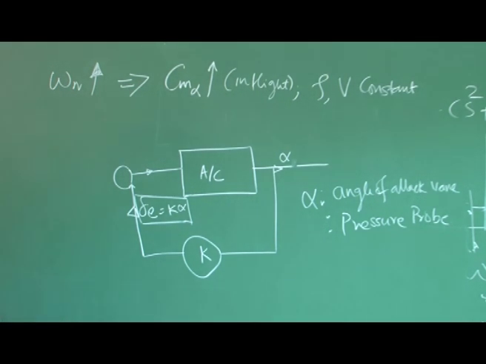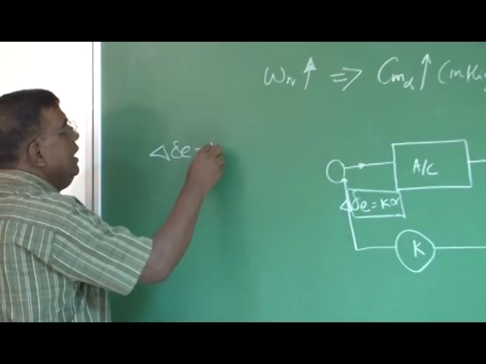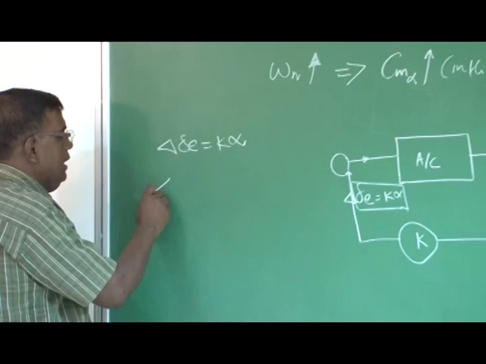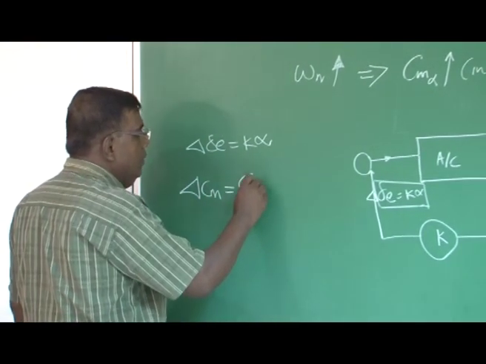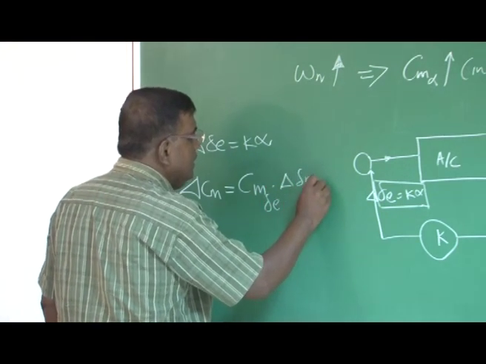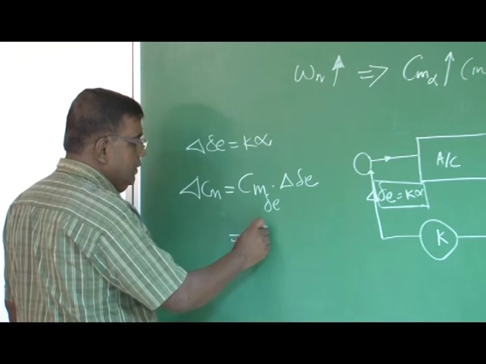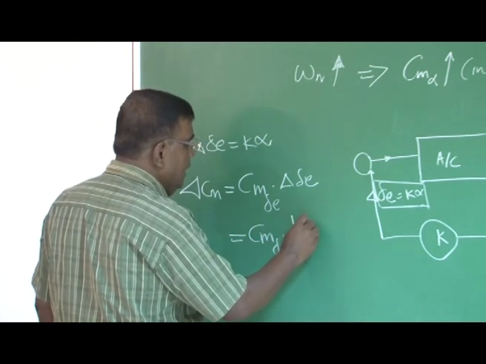How Cm alpha is changing, let us see. Because of this delta E, which is given as k alpha, what is the delta Cm we are introducing in the airplane? That you know, Cm delta E into delta E, which will be equal to Cm delta E into k alpha.